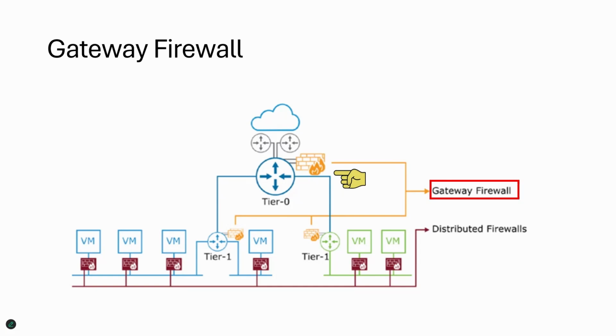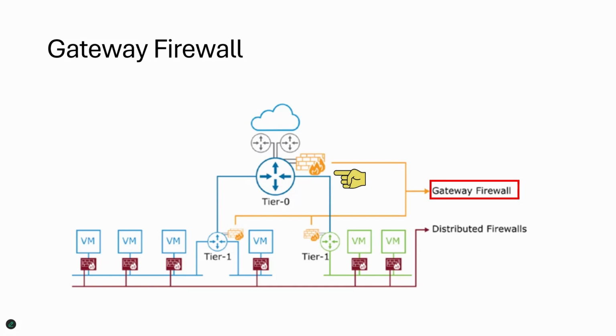So now let's try to understand what kind of traffic it protects. This is primarily focusing on north-south traffic. To understand it very clearly, it is traffic entering or leaving the data center.